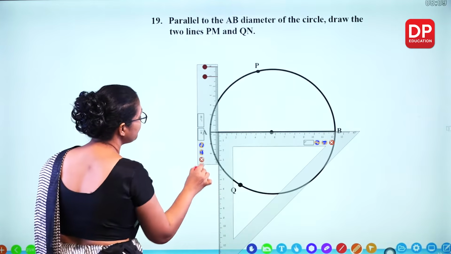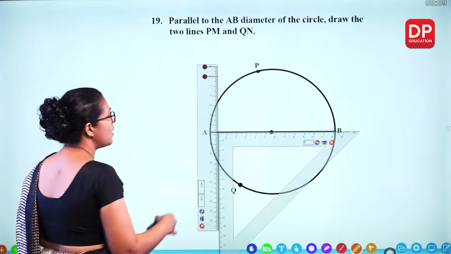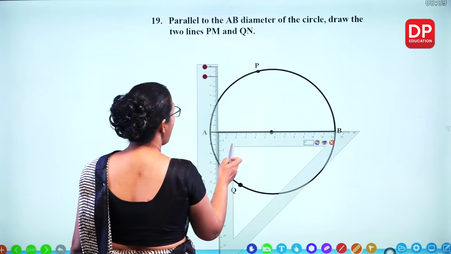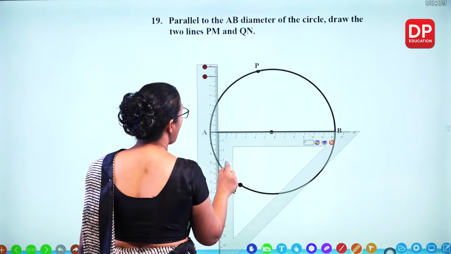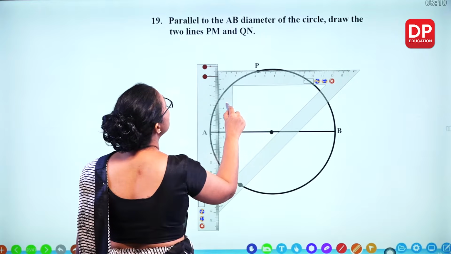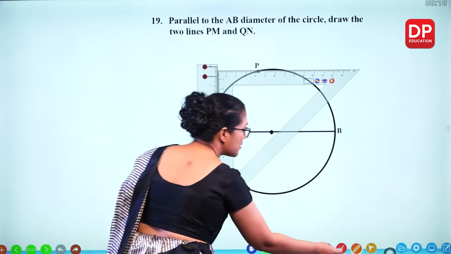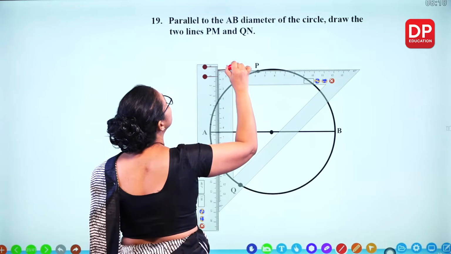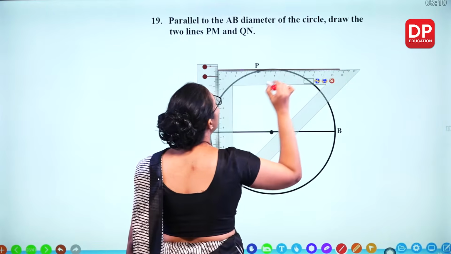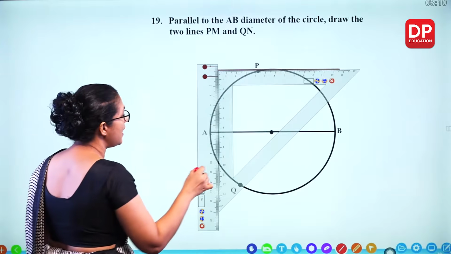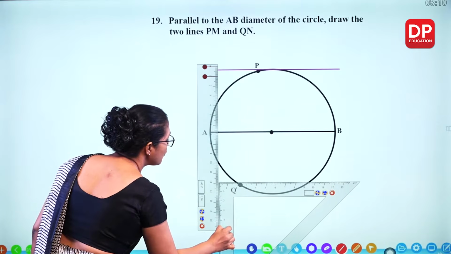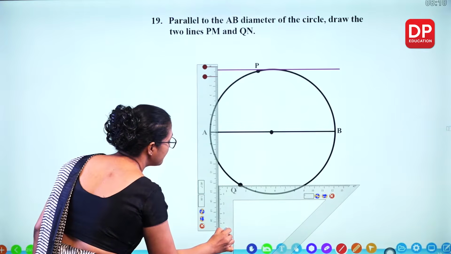And what you do? You need to draw two lines. So you keep the straight edge tightly and push the set square up so that you draw a parallel line passing through P first, like this. And then we need to draw a parallel line passing through Q. So push it down so that we can draw the other parallel line.